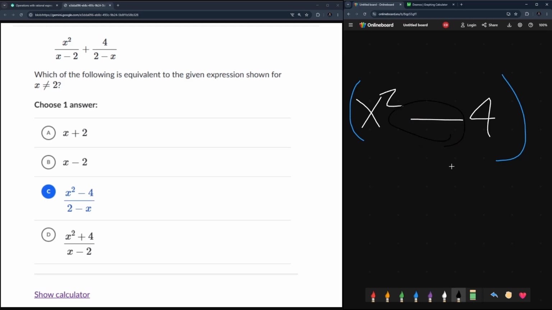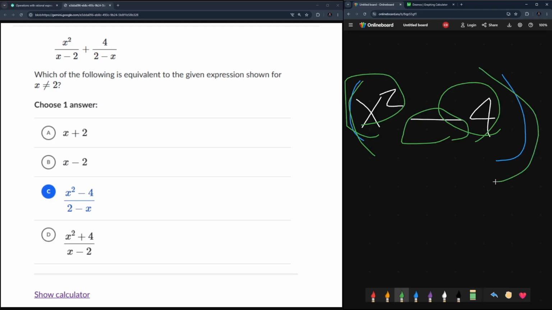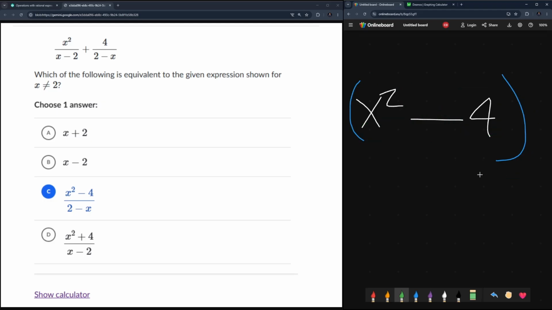Minus is important because that's what says it is a difference. Having two numbers that can be perfectly squared in a short expression means we have a difference of squares. And when we have a difference of squares, that means you are just multiplying two parentheses to get this. And we have to find the parentheses that we're multiplying to get this.